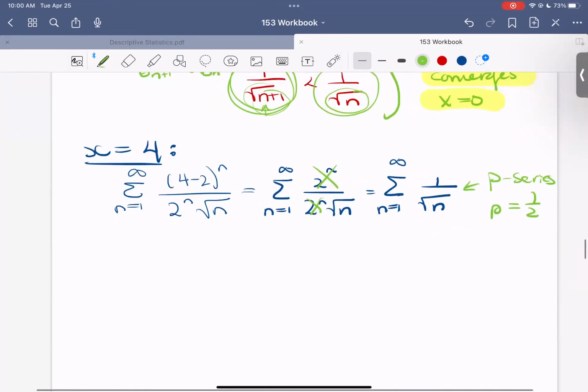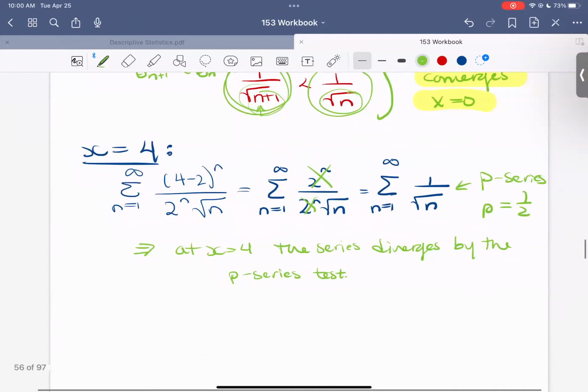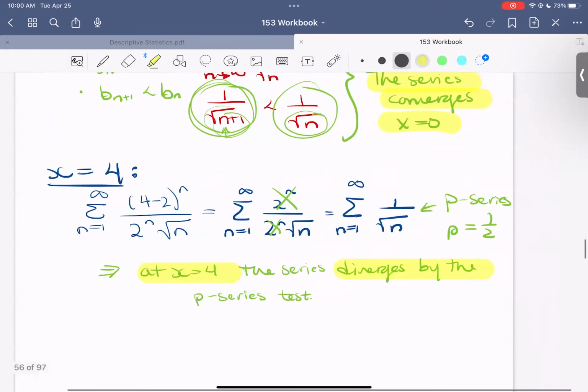So what do we know about p series with p equals 1/2? Well, it diverges. So therefore, at x equals 4, the series diverges by the p series. And we could say p series test if we want. Okay, so now we get divergent at x equals 4.